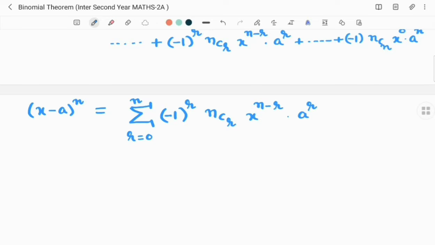And one more important note here: in the expansion x plus a whole power n and in the expansion x minus a whole power n, if you put a equal to 1, note here again.